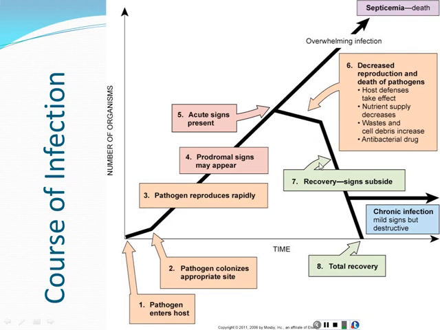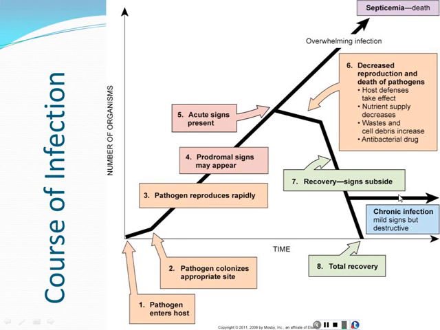Another less common path is, instead of completely eradicating or destroying utterly the infection, it may reach a sort of balance. HIV, for example, and hepatitis B will do this, where instead of eliminating the pathogen, it sits in a sort of steady state with the immune system.